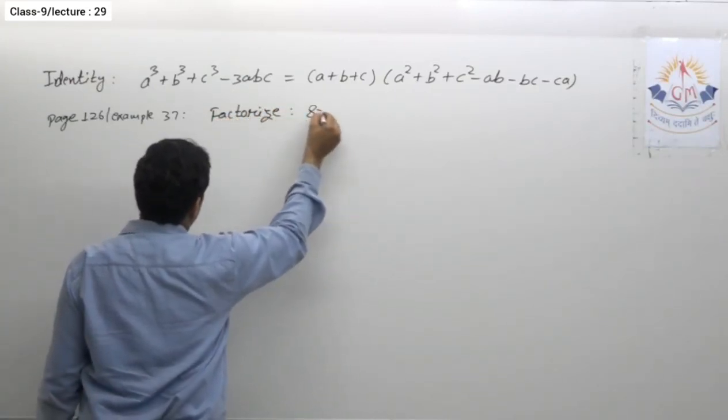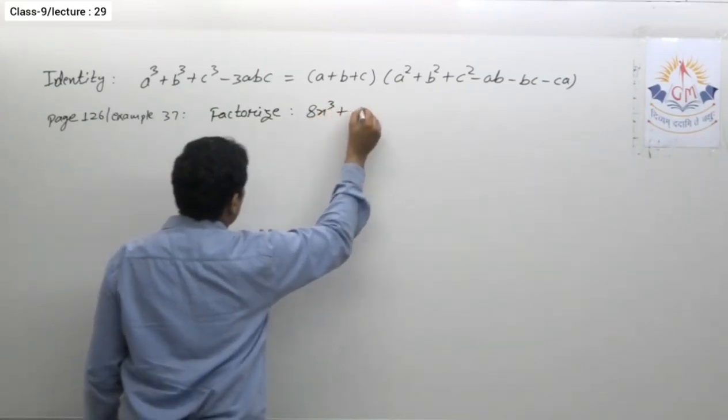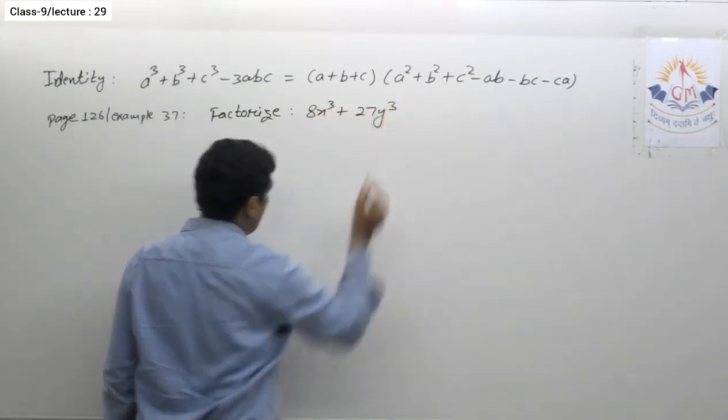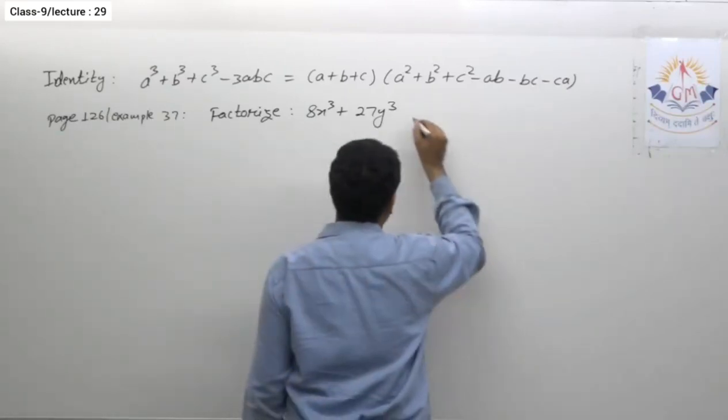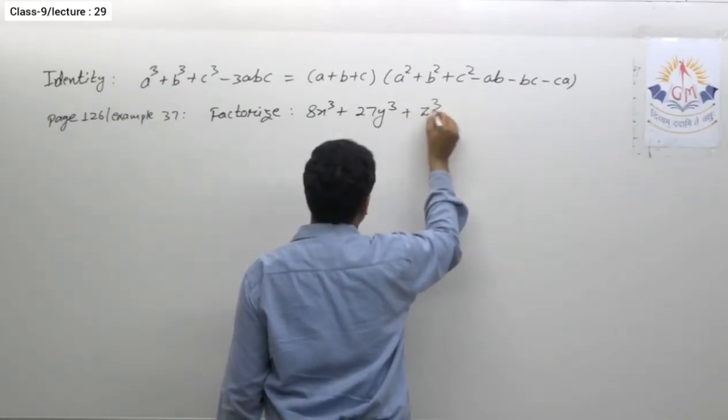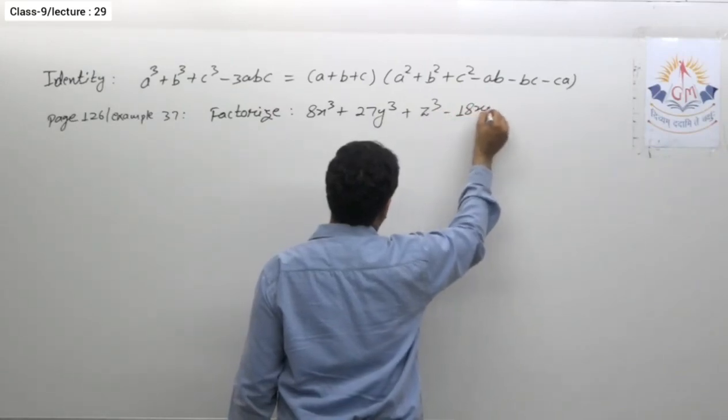Factorize 8x cube plus 27y cube plus z cube minus 18xyz.